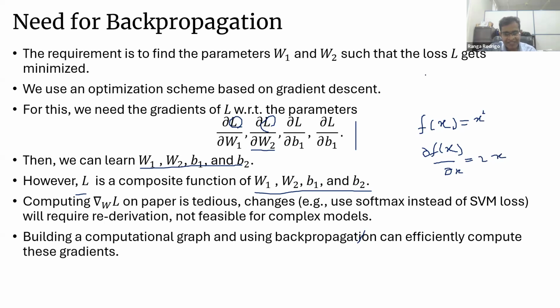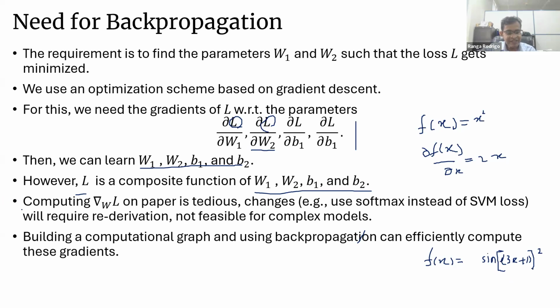But if you have something like f(x) equals sine of (3x plus 1) squared, then you can say it is a composite function, right? You cannot directly compute the gradient. You have to go through the chain rule for that. When you have multiple variables, what is the chain rule? And that's the kind of thing we are looking at now.